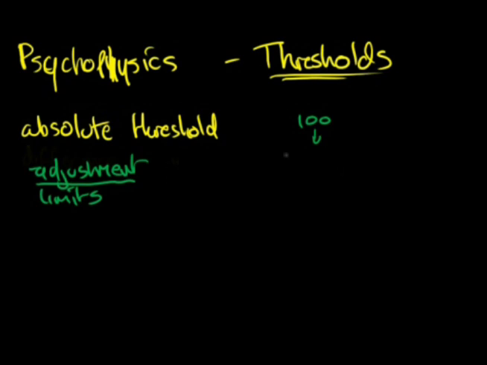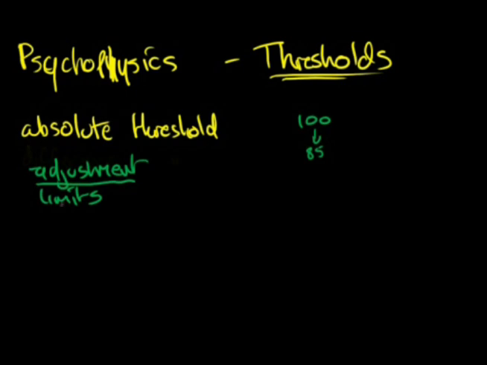You would repeat this a number of times. On the first test they got down to 85, and beyond that they couldn't hear it. In the second test they might turn it down to about 83, or in the third test down to 91. It would be slightly different on each trial, but then you would average those results and call that the absolute threshold for hearing from the experiment.